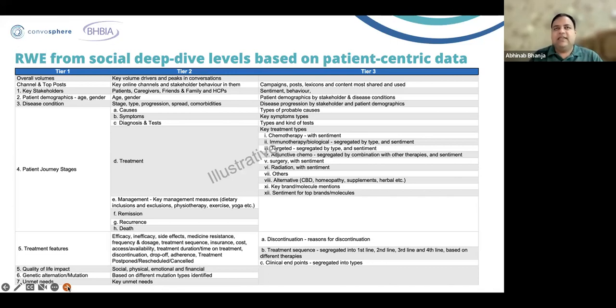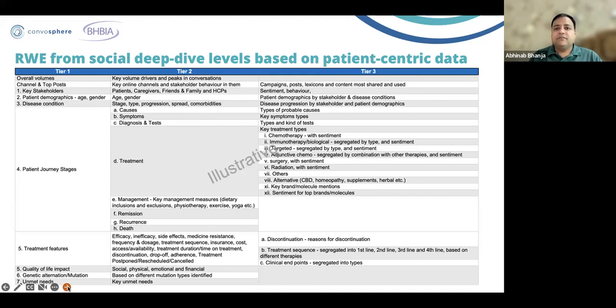So we can say that patients above the age of 40 were mostly being diagnosed through this type of test, and these were the indices they were talking about. That level of detailing we want to provide in our RWE study.